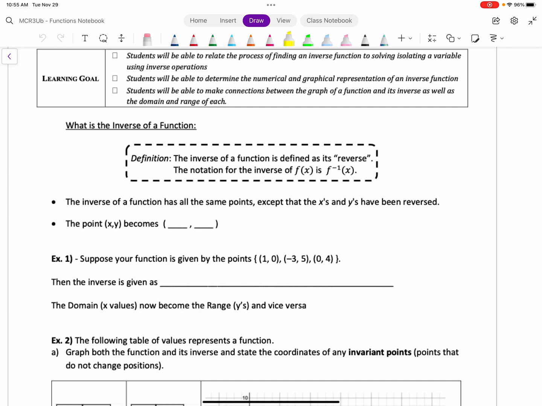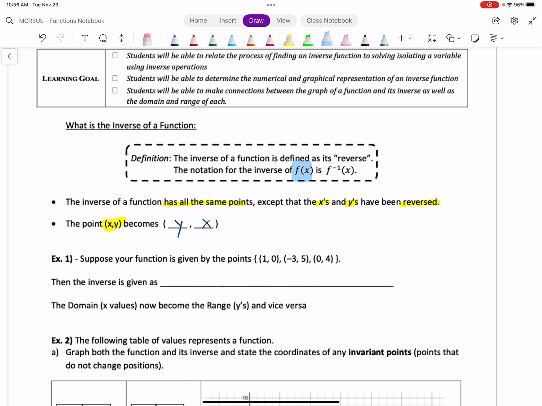So the inverse of a function has all the same points, except the x's and the y's have been reversed. For example, if you have a point (x, y), it becomes (y, x). And if that's the case and you have the inverse, we denote it like this. Here's our regular function f of x.